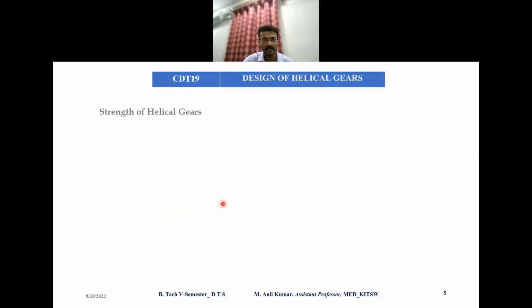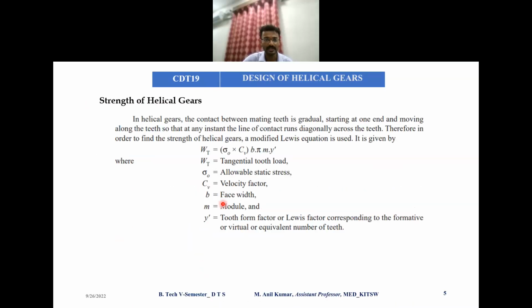So coming to the strength of helical gear, dear students, helical gears have contact between mating teeth. It will be gradually starting at one end and moving along the teeth, so that at any instant a line of contact runs diagonally across the teeth.